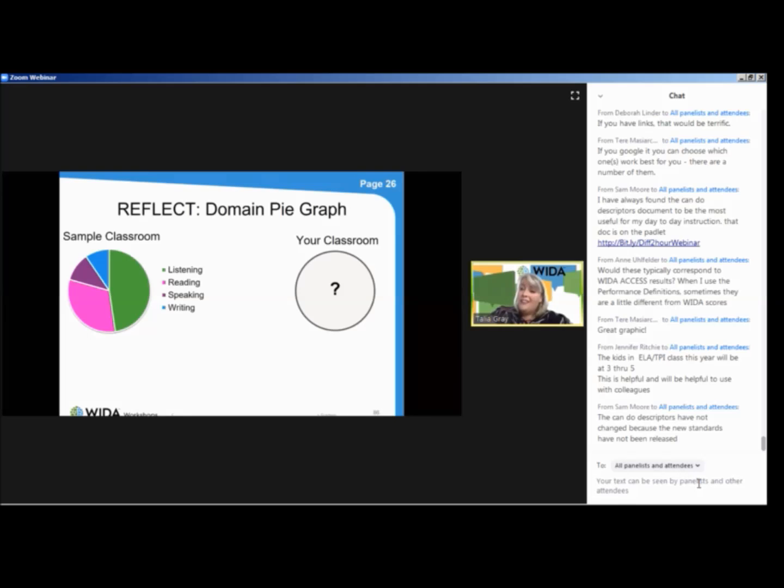And then the other big portion of the day was spent reading. So this teacher was really focused on those receptive domains. But if you look at speaking, y'all, look how small that piece of pie is. And then look how small the writing piece of pie is.